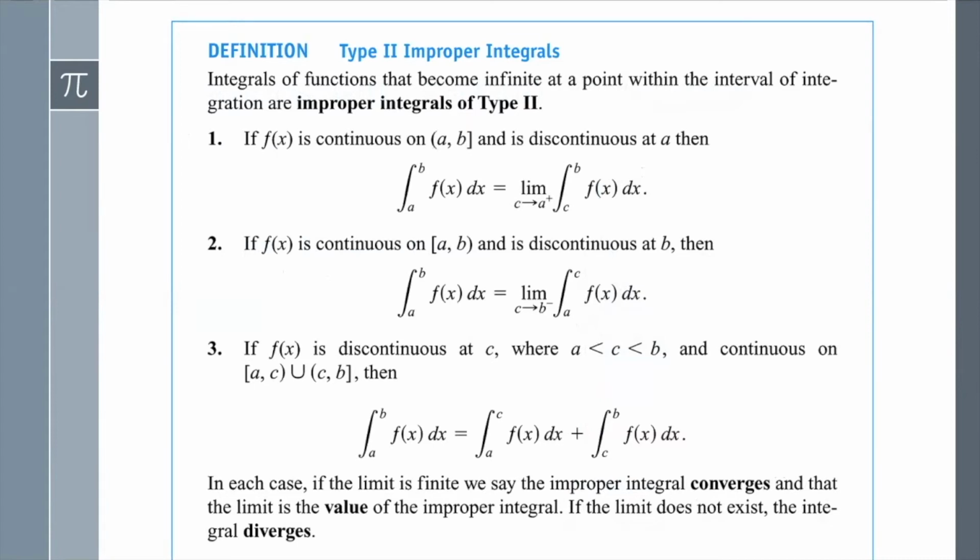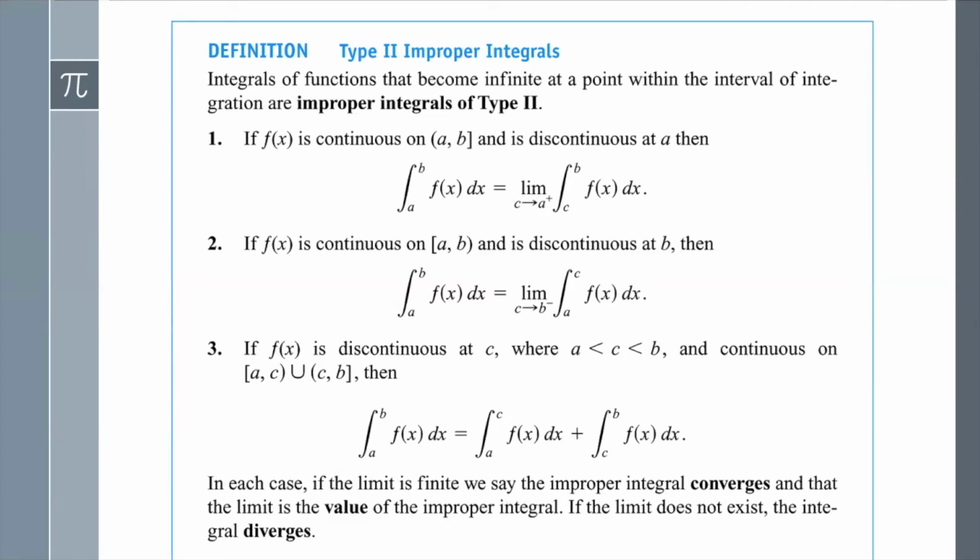So in that case, you take the integral from c to b and let c approach a from the right. The second type is where the function is continuous from a to b except at the number b. So what you would do then is instead of integrating from a to b, you would integrate from a to c and let c approach b from the left.